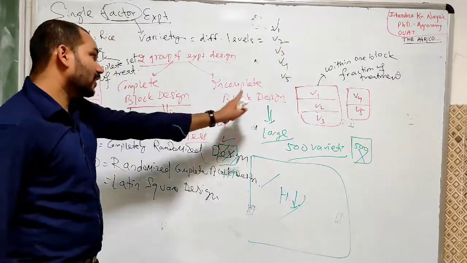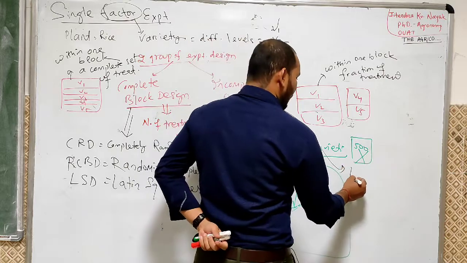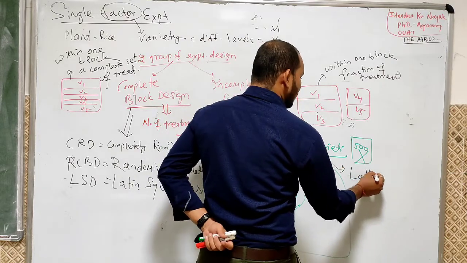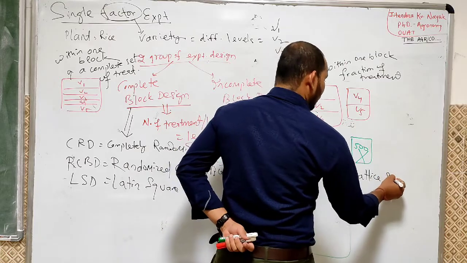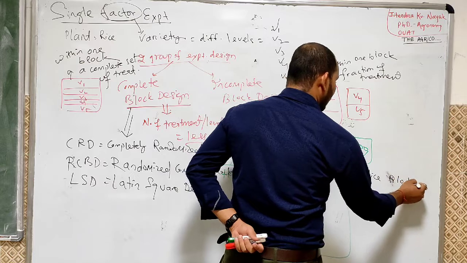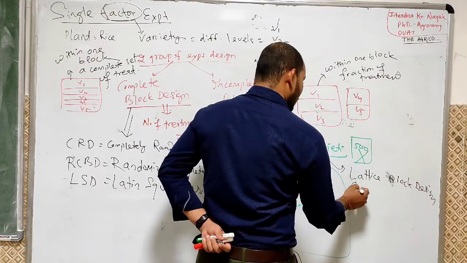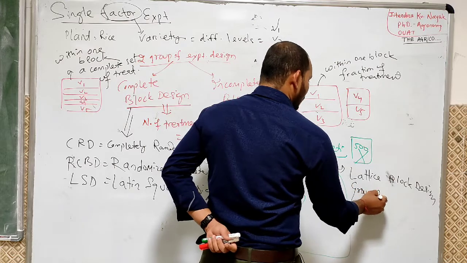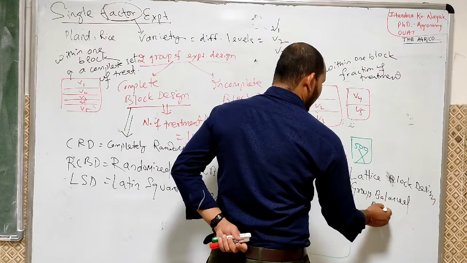So in case of incomplete block design, what are the examples? Here the examples are lattice block design and group balanced block design.